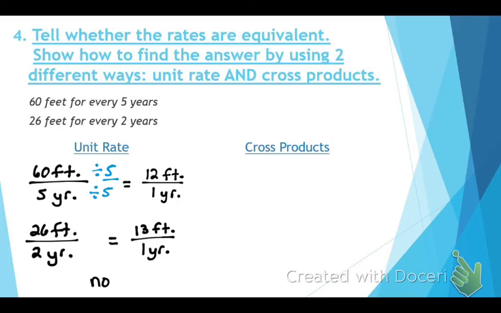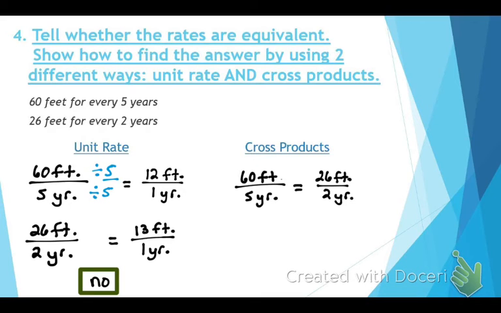That's a fantastic answer. So the answer is definitely a no. Okay? Now, on your quiz, I do not care which way you find the answer, but I want to show you there's more than one way to find out if something is equivalent. You could also do it by using cross products. So for cross products, we're going to write it out kind of the same way. 60 feet every 5 years, and we're trying to figure out, is that equivalent to 26 feet every 2 years?